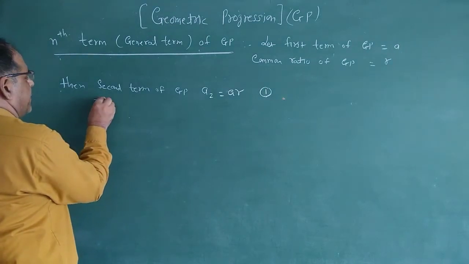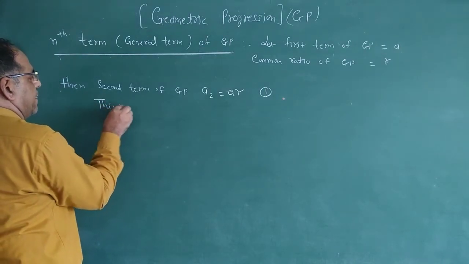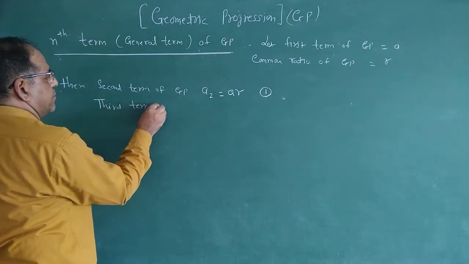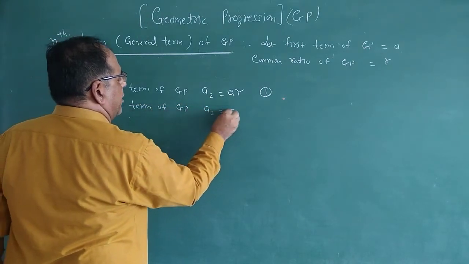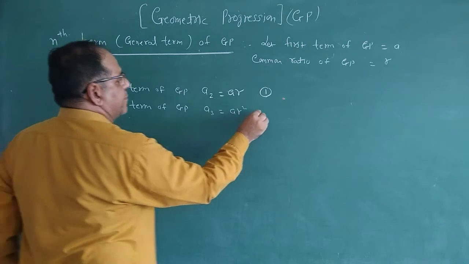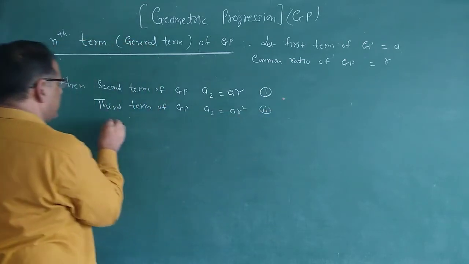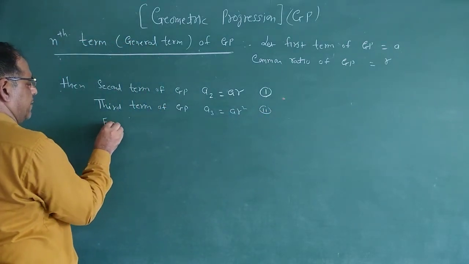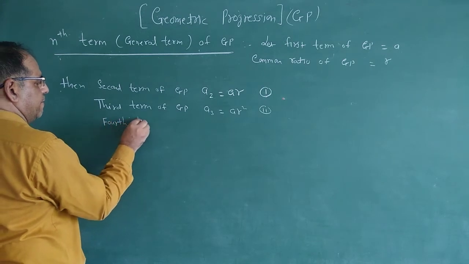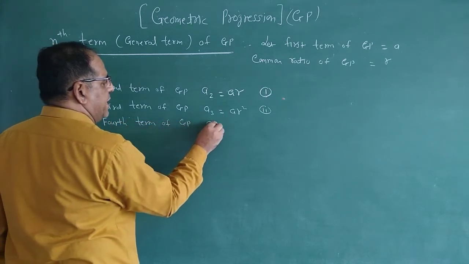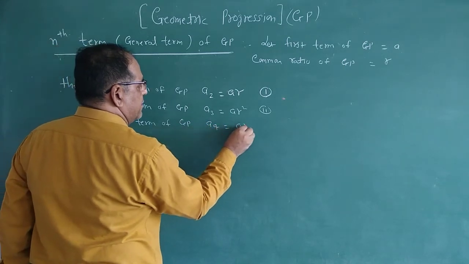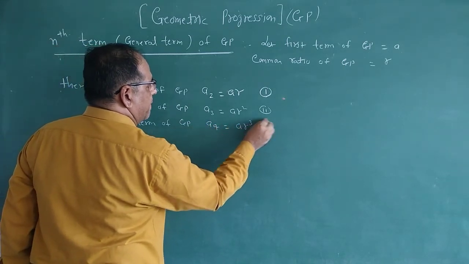Third term of GP, A3 equals AR square. Fourth term of GP, indicated by A4, is AR cube.